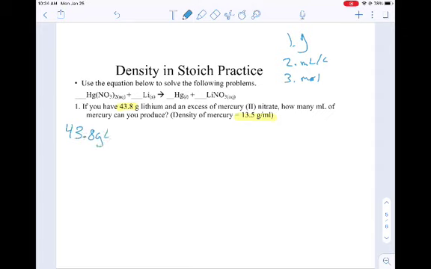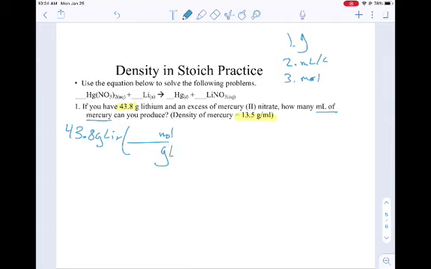Okay? The other thing you can look at is to see that I am trying to solve for milliliters of mercury. So if I started with the density of mercury, I couldn't get anywhere from there. So you always want to start with the compound that you're not being asked to solve for. So I'll set this up the same way I always do.